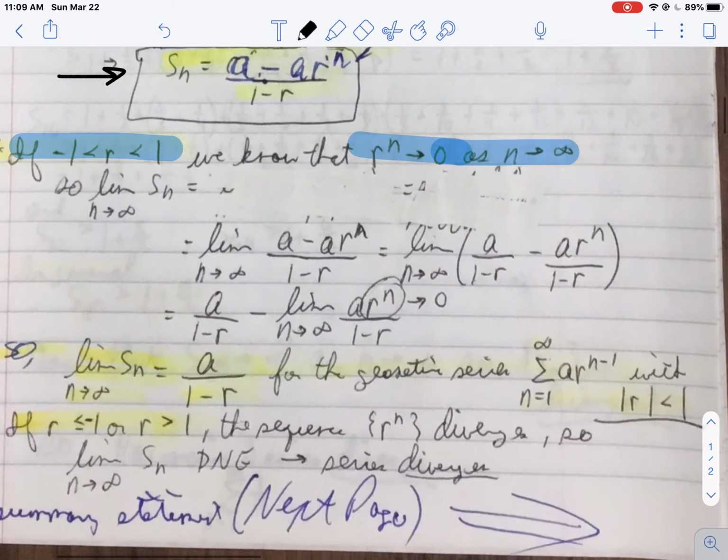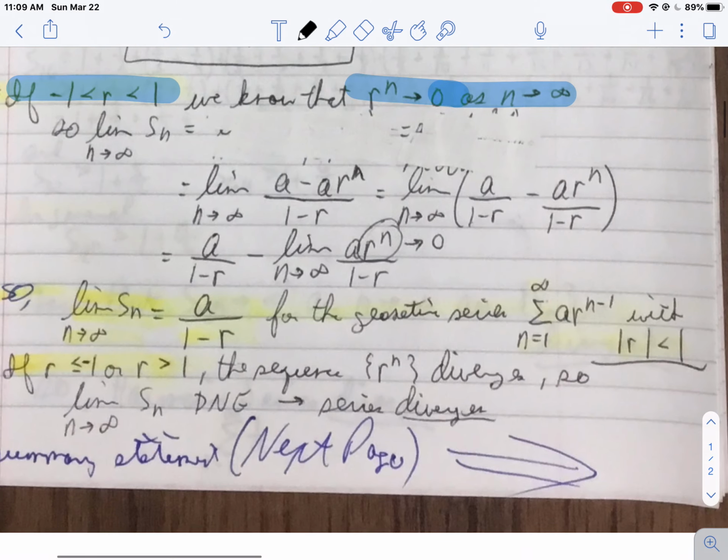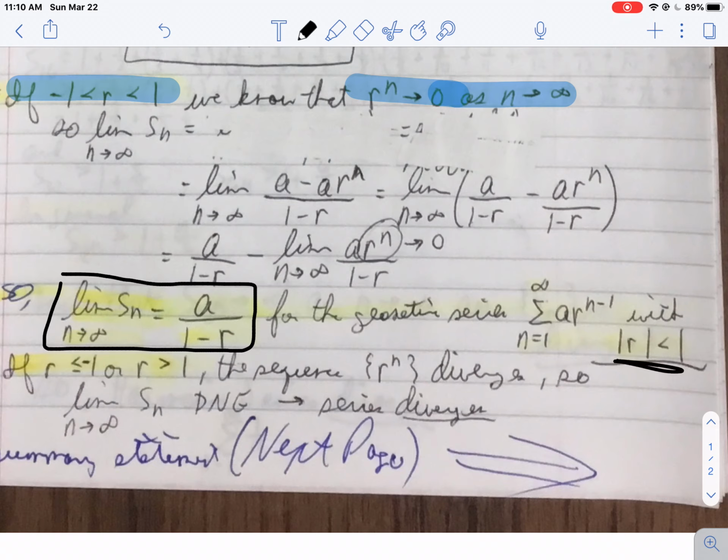Eventually we came up with the formula that the limit as n approaches infinity of s of n, that sequence of partial sums, is equal to a over 1 minus r for the geometric series with r between negative 1 and 1, or absolute value of r less than 1.